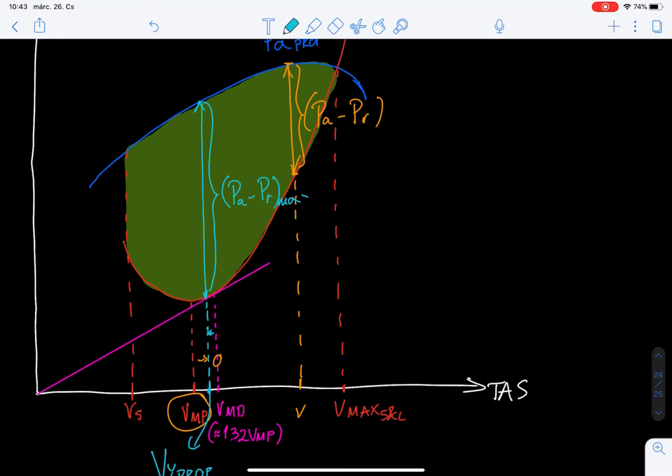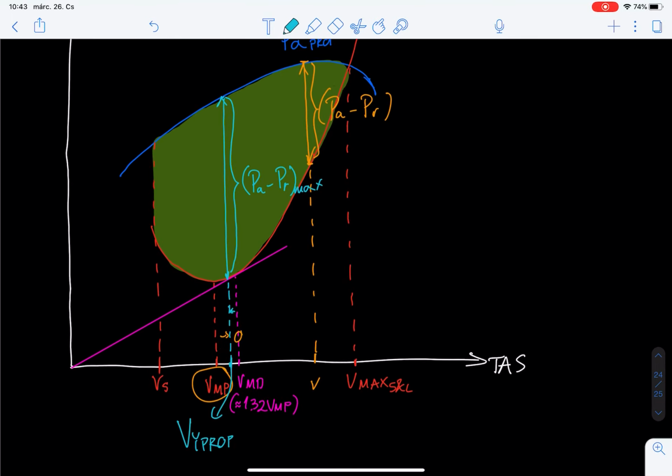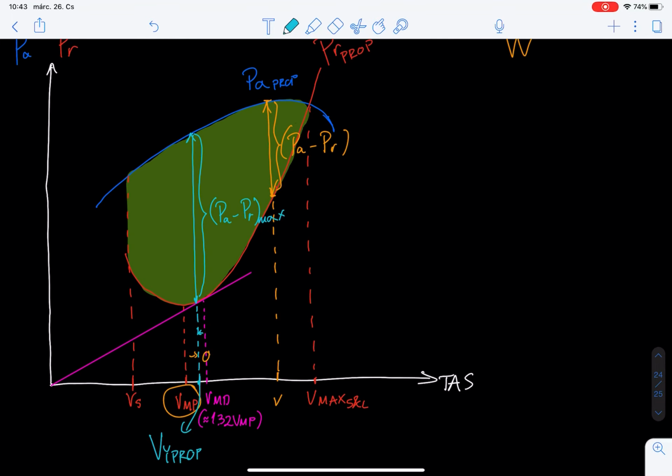This is the maximum, right? So we can definitely see here as well that the Vy for the prop is also going to be bigger than the Vx for the prop. And this is going to be a general scenario. It's the same as for the jet.